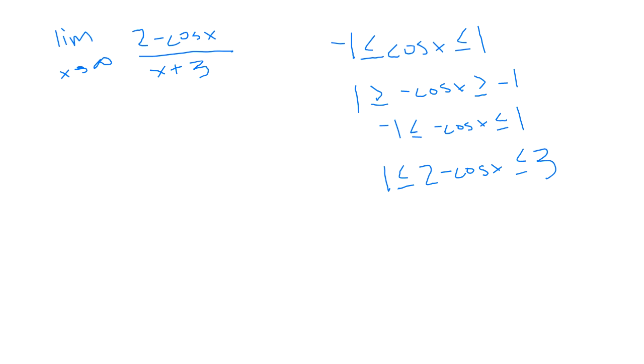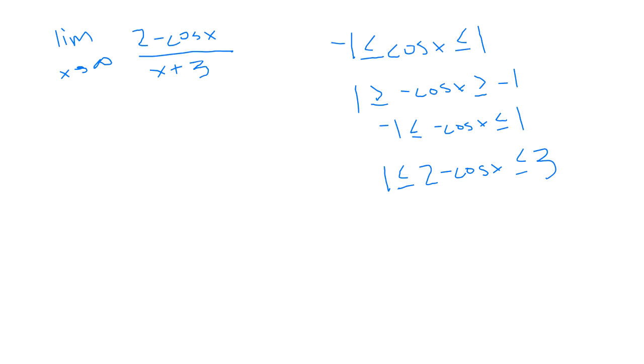Now we have this function right here. This gives us a little bit of a better idea of where to go. And now, since we know that that 3 is always going to be bigger than that 2 minus cosine of x, which once again is always going to be bigger than that 1, if we go ahead and turn those all into fractions with the same denominator, that would still hold up.